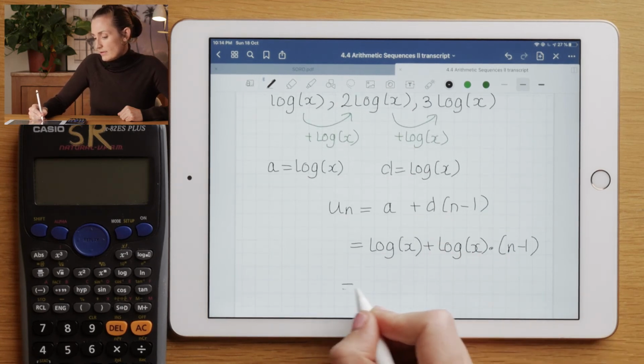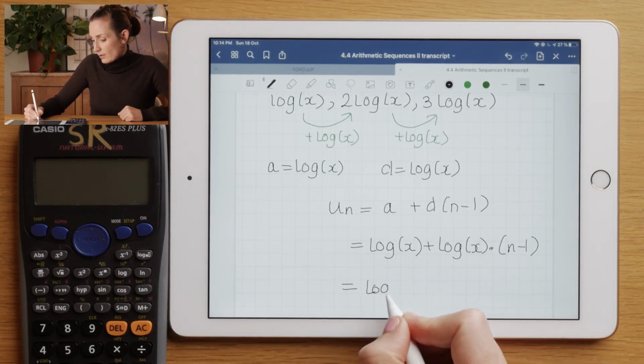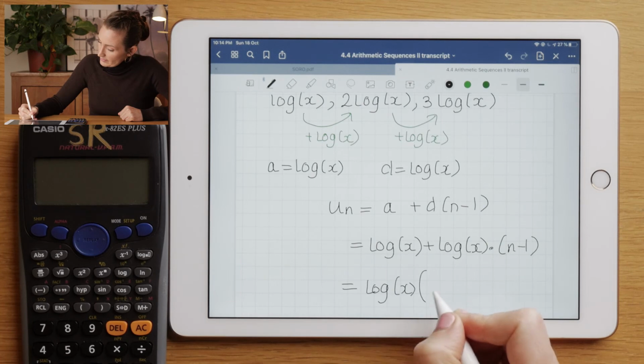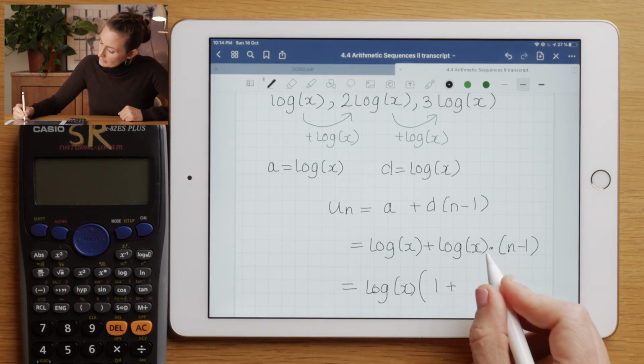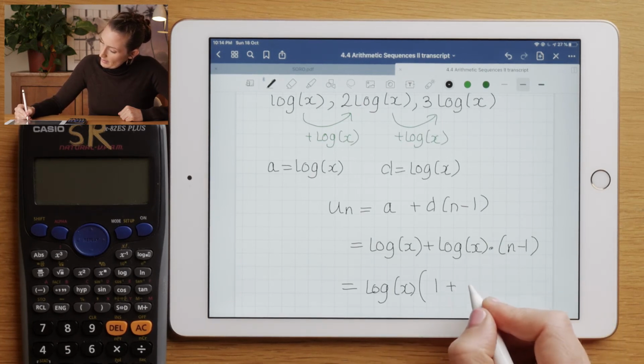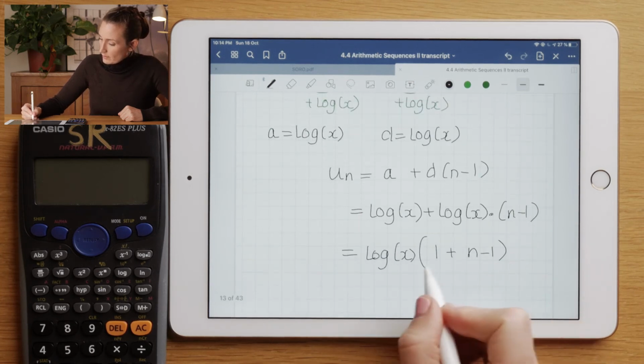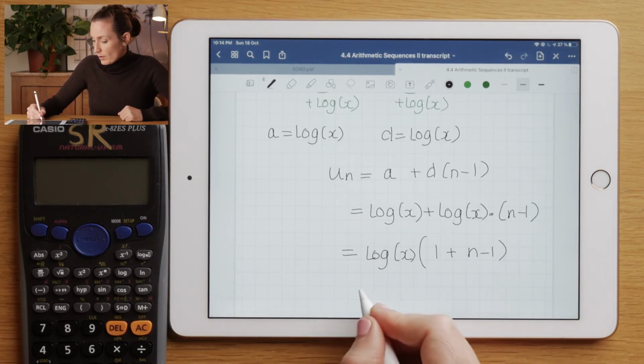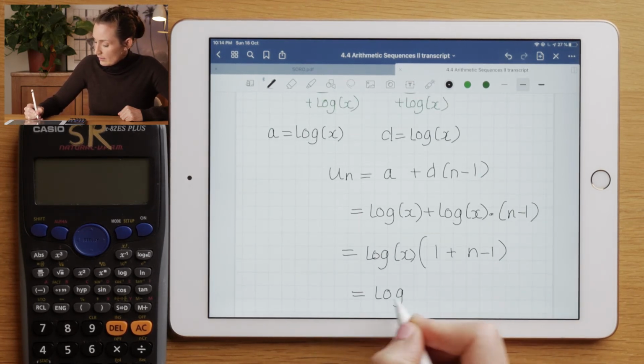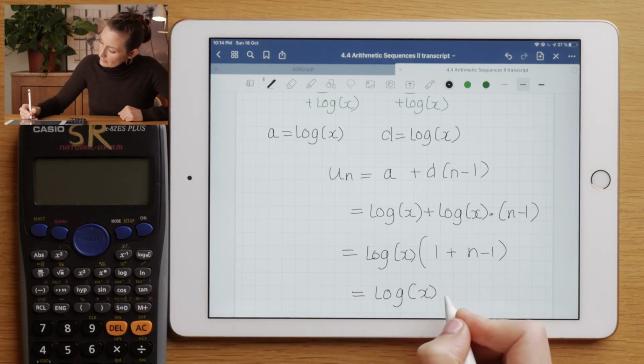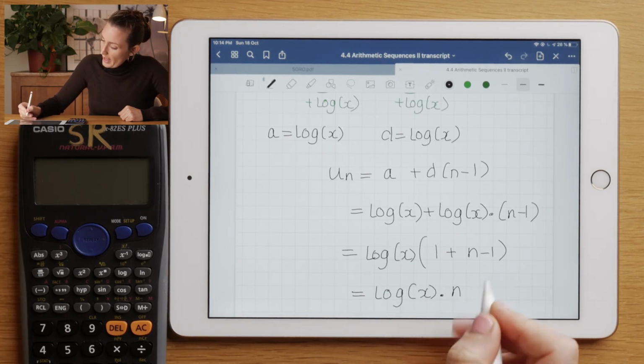Here it might be easier to factor out log x from the equation. If you factor that out, that would leave you 1 plus n minus 1. 1 minus 1 would be nothing, so you'd have log x times n.